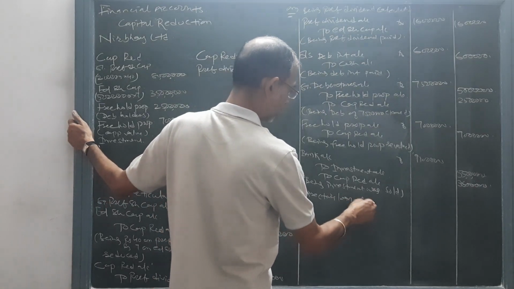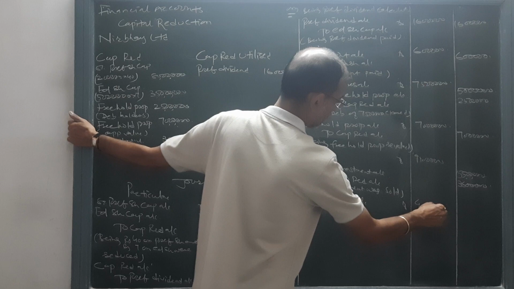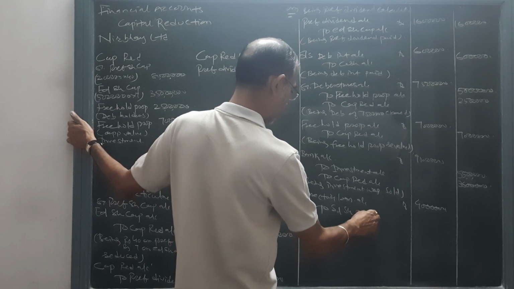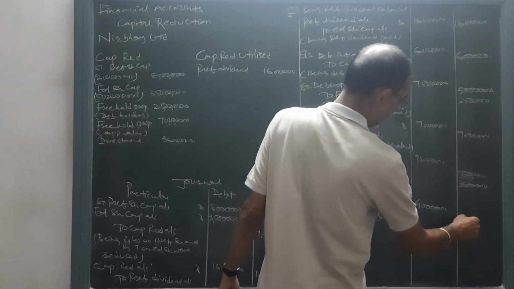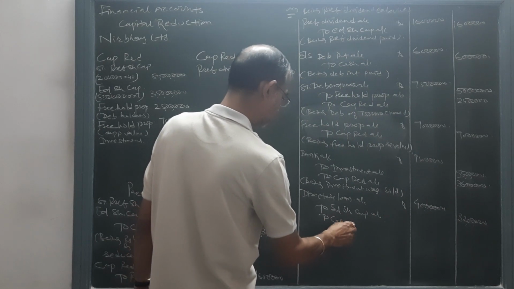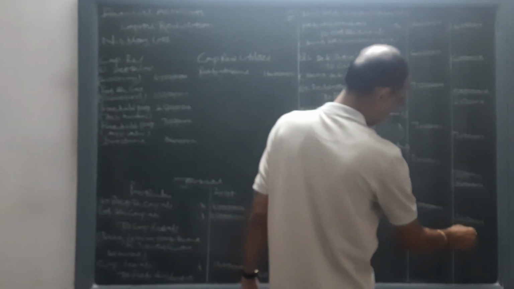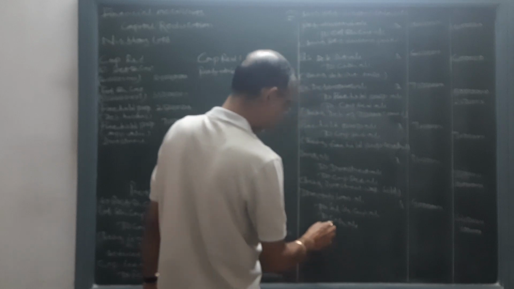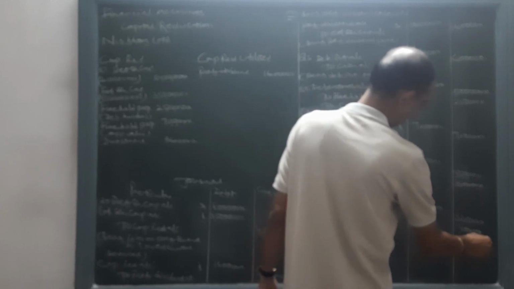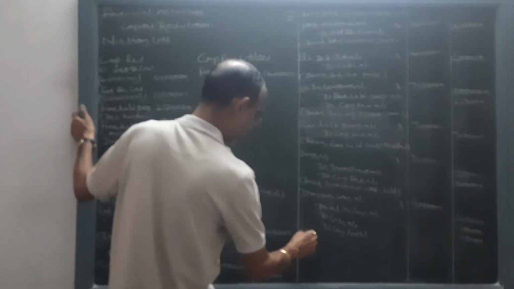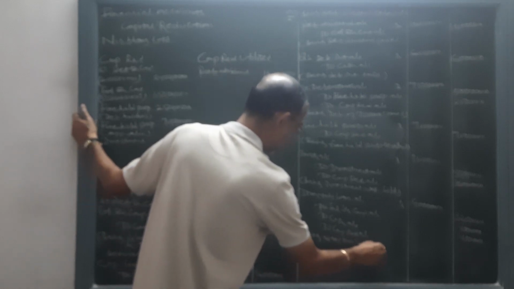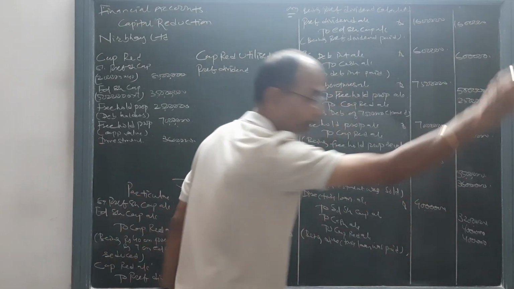Directors loan account will be debited 40 lakh to equity share capital account 32 lakh, to cash account 4 lakh, and to capital reduction account 4 lakh. Being directors loan was paid.